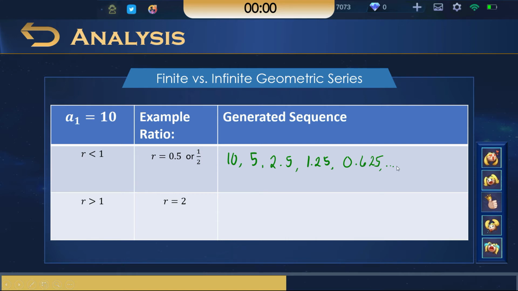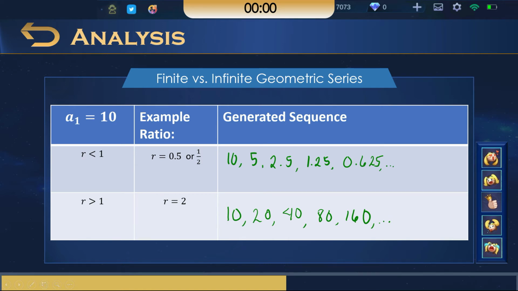So that would be the generated sequence when we have the common ratio 0.5 or one half. And for the common ratio 2, from the first term, which is 10, multiplied by 2, we have 20. Multiplied by 2, we have 40. 40 times 2, we have 80. And 80 times 2, we have 160, and so on.